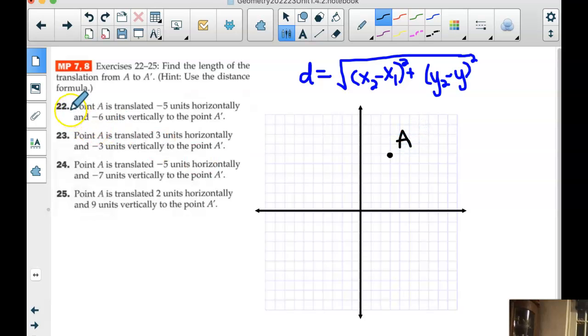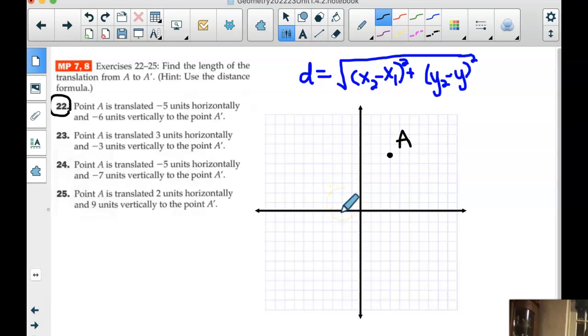We're doing number 22 right now. And now I'm going to move it -5 units horizontally. So that's horizontals right to left. 1, 2, 3, 4, 5. And -6 units vertically. 1, 2, 3, 4, 5, 6.